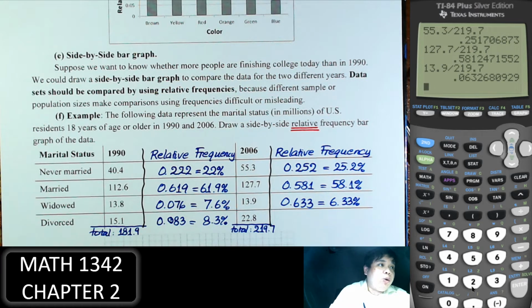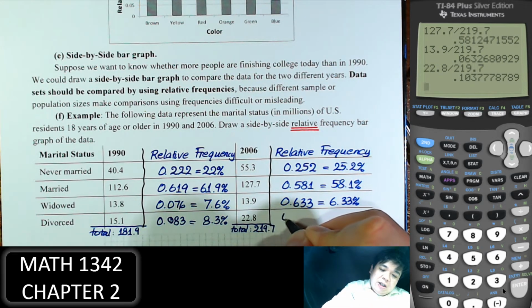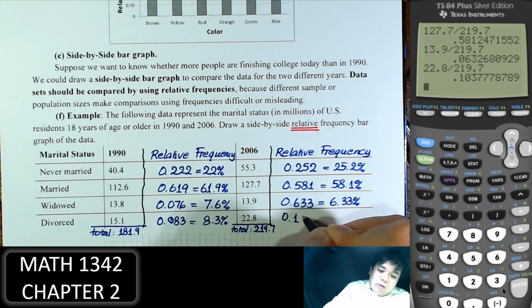And 22.8 divided by 219.7 is 0.104 or 10.4%.